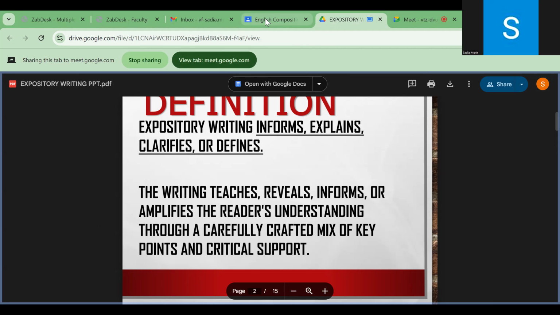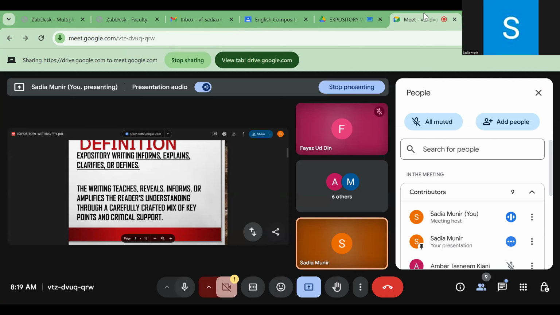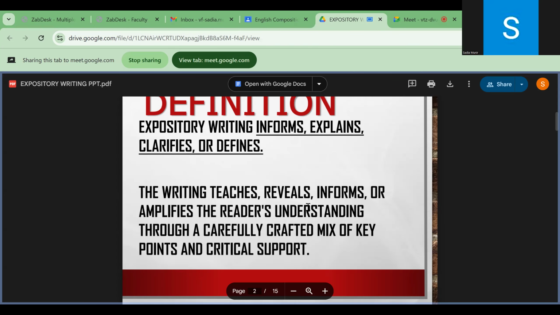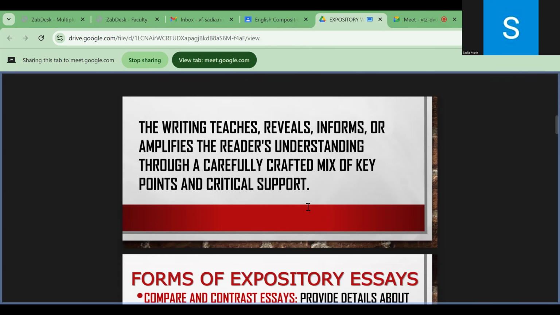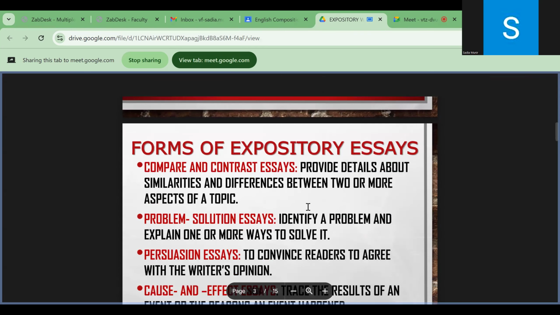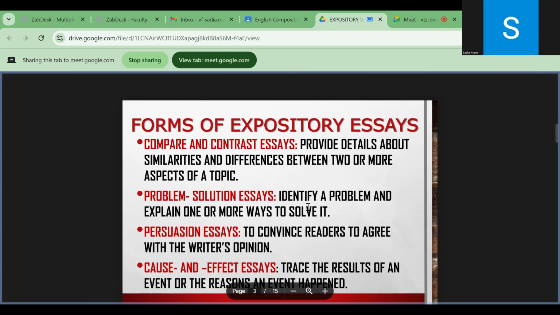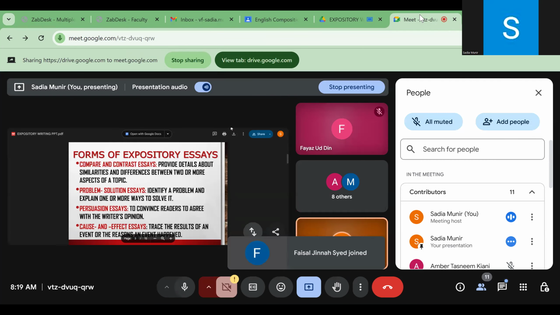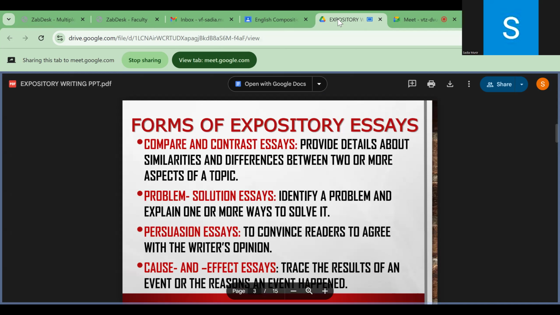So within expository writing, you have multiple other types of writings that you should know, such as informing, explaining, clarifying, and defining. Now, if we talk about forms of expository essays, these are the forms, and I believe that you know these or some of these already, including comparing and contrasting, problem solution, persuasion, and cause and effect.